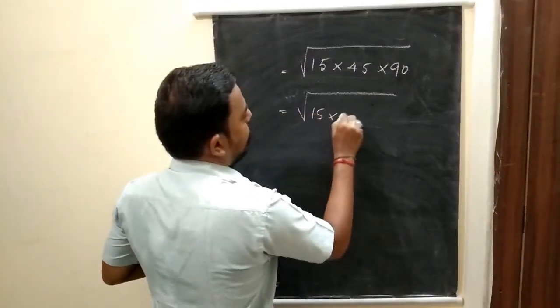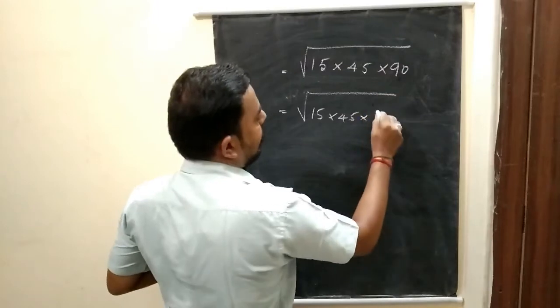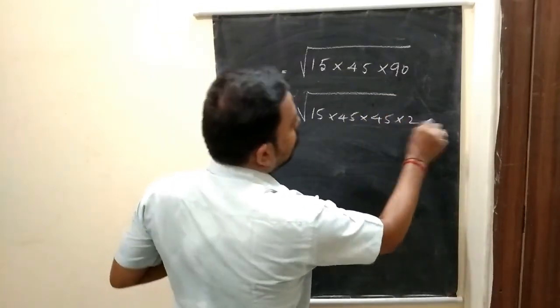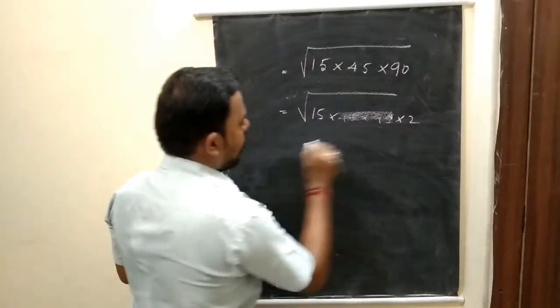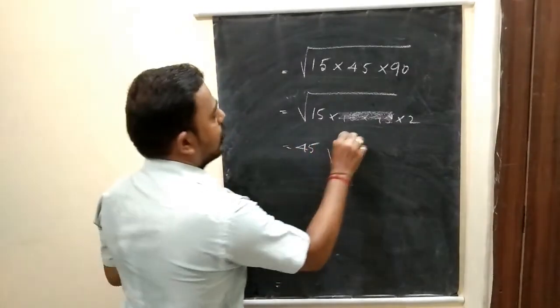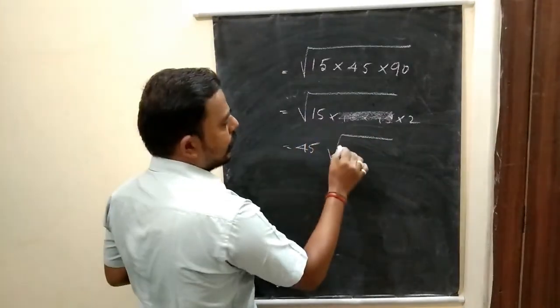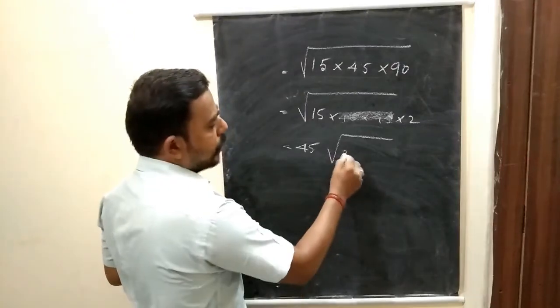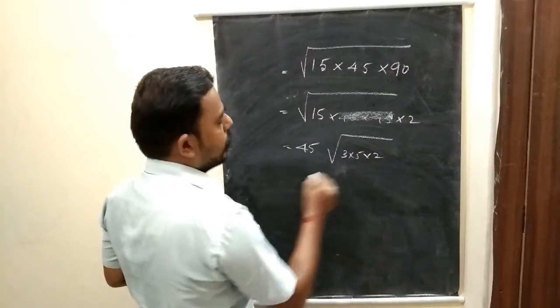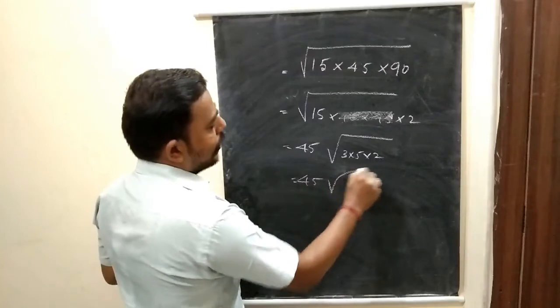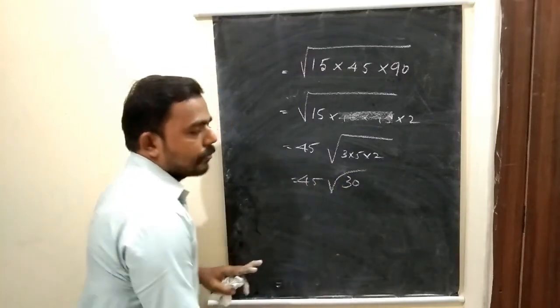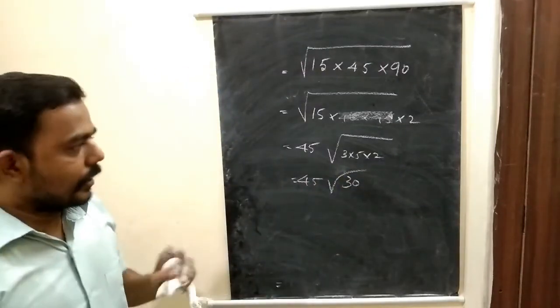So 15 into 45 into 90, we can write 45 into 2. Now for this 45, write 45 outside. Remaining 15 into 2, 15 is not a perfect square because 3 into 5 into 2, no. So 45 into root of 15 into 2, 30. So like that also we can do.